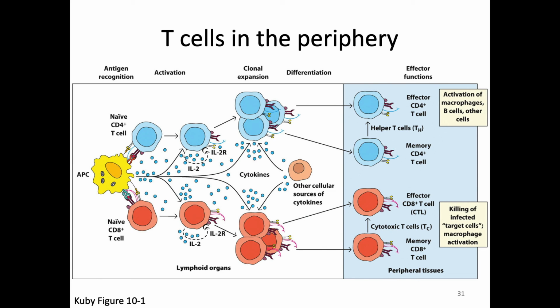When that T cell becomes activated, it's going to make some new products, which we'll see more about. It's going to undergo some rounds of division. So you can see now we have more of the T cell. And that cell is also going to undergo a process of differentiation. So that cell is now going to gain new functions.